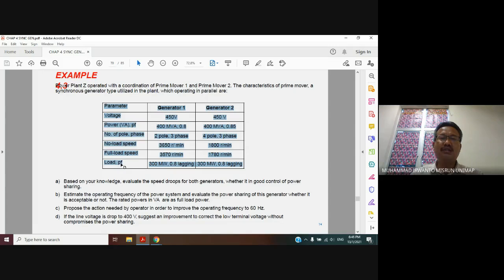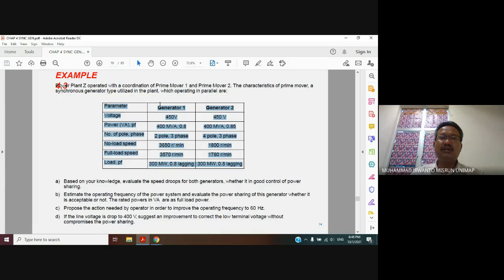The power in VA is assumed to be the power capacity, meaning the generator can operate at the maximum load.